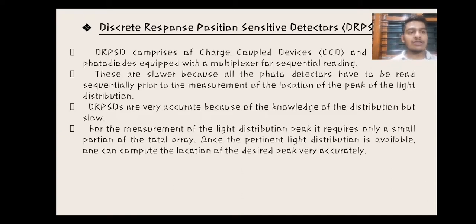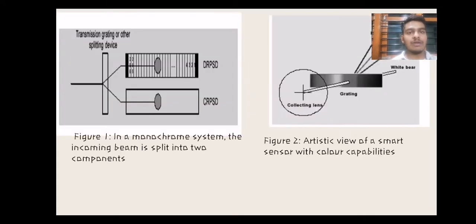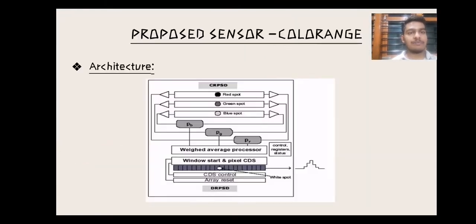So partial light distribution is available, and one can compute the location of the desired peak very accurately. The first figure shows the monochrome system, and figure 2 shows the artistic view of the smart sensor with color capabilities.